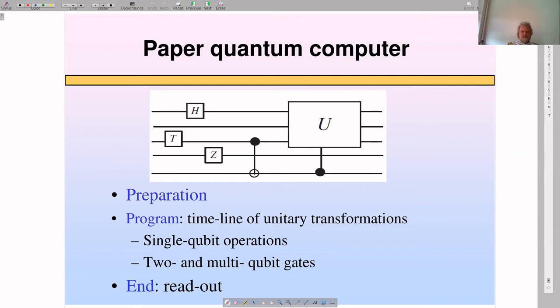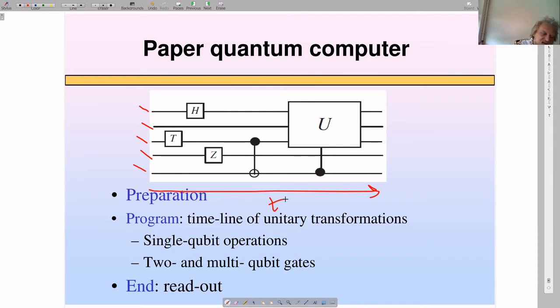First of all, we have qubits. Qubits here are given by lines. And what happens here is time. We process information in time.